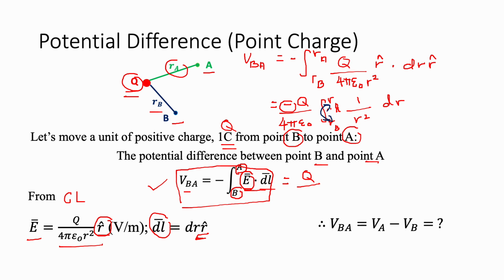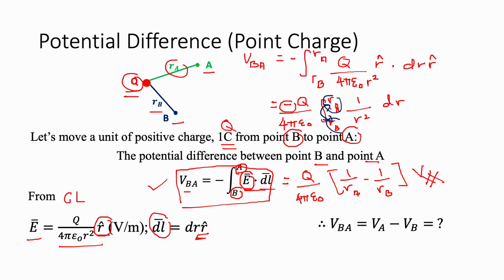You can remove this negative by shifting the positions of the upper limit and lower limit. So that is mathematics. Q over 4 pi epsilon naught, it will be 1 over RA minus 1 over RB, and the unit will be in volts.